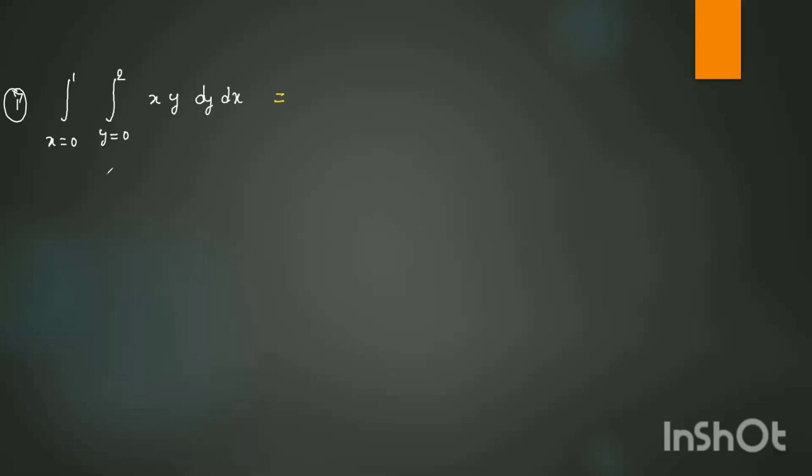So see here. Whenever they give the limit, the first term here and here should be the same. If it is dy, here should be y varies. If here it is dx, here it should be x. This should match the y variable with dy, and x with dx. Outside term and inside term. I hope you understood now.